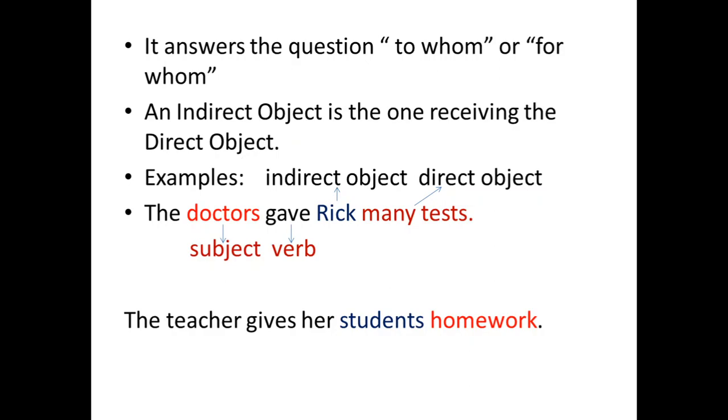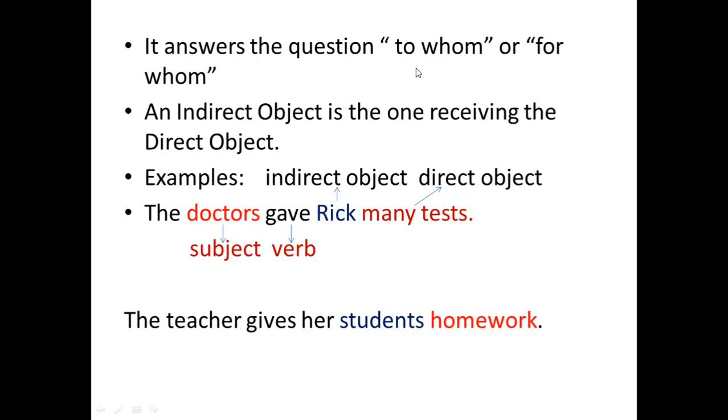So again, the doctors gave Rick many tests. So, to whom the doctors gave many tests? Notice that we used to whom. So be careful. You have to make the question for the indirect object using one of these two, to whom or for whom.